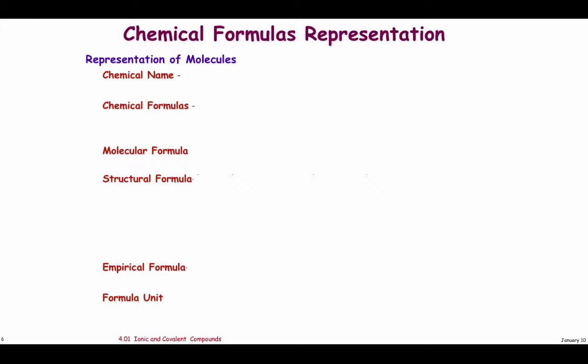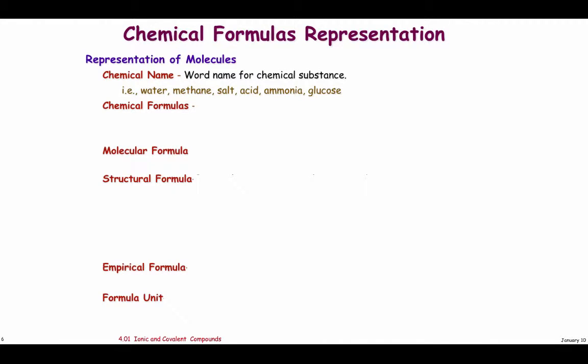Before we move on, let's discuss how we represent chemicals. There are a number of ways chemists communicate amongst themselves in order to talk the language of chemistry and understand what chemicals they're referring to. So this is chemical nomenclature. First of all, we know about the chemical name.